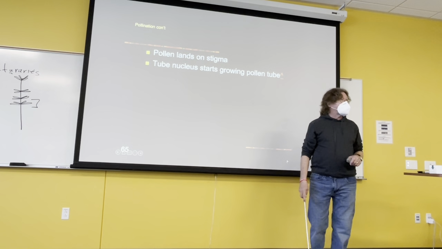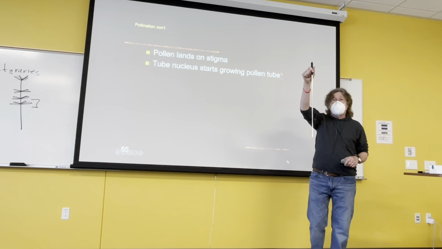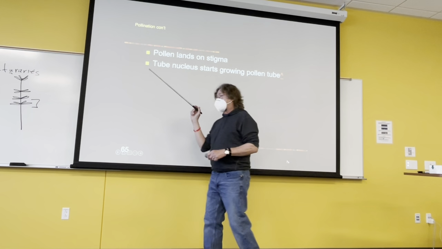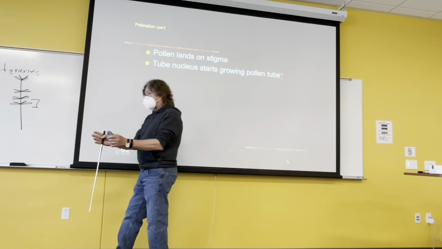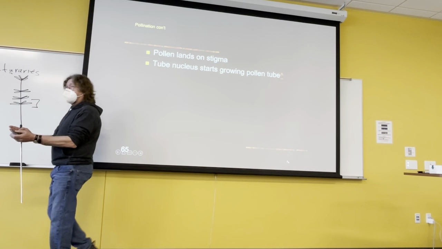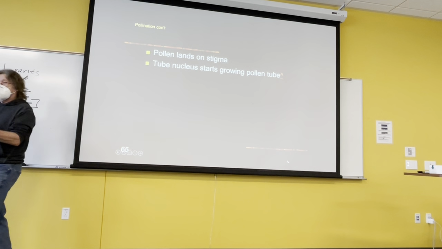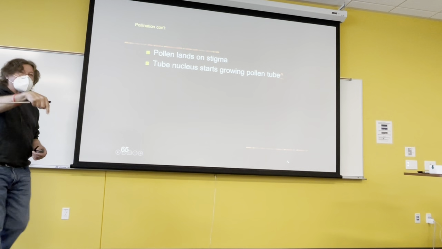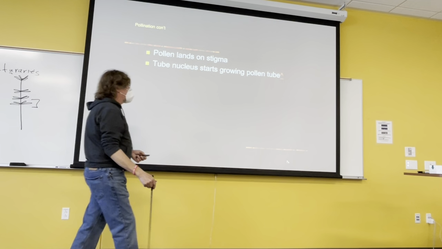And it's digesting away down through the style of the stigma. And it's guided by the female gametophyte in the ovule, and we'll find out where she came from in a moment, that is producing chemicals that are attracting the growth of the pollen tube. So the pollen tube is breaking between cells, disrupting, and moving down.